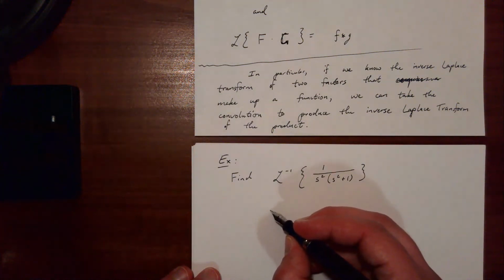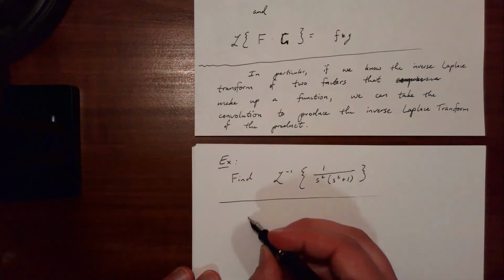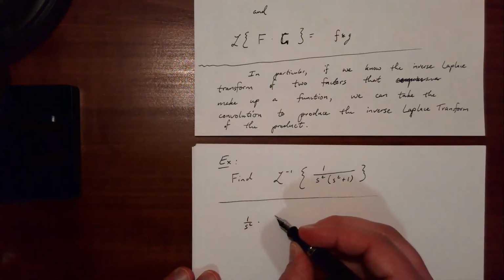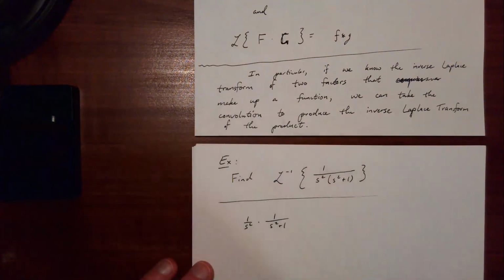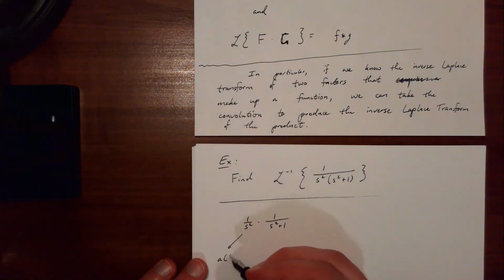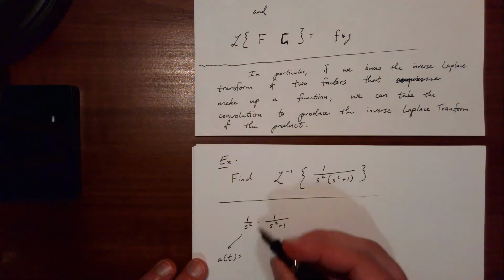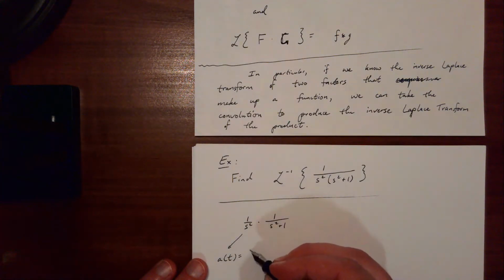So here, let's just break it into the two pieces. This is 1 over s squared times 1 over s squared plus 1. Now, each of these is very, very understandable. We can just say little a of t is equal to t.